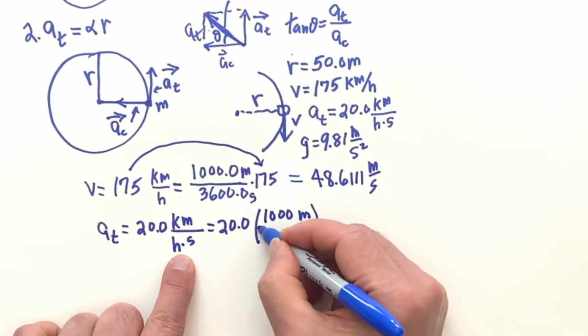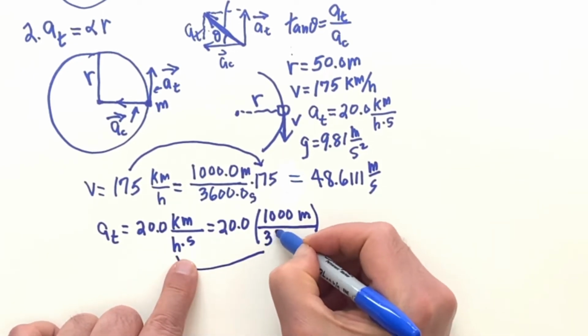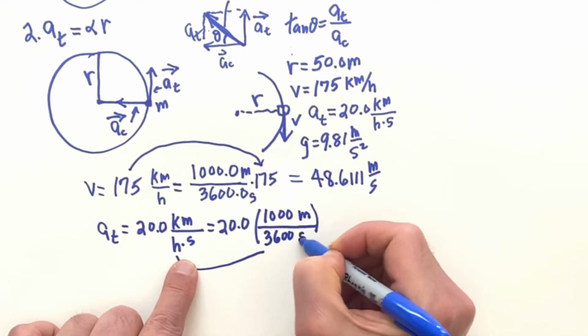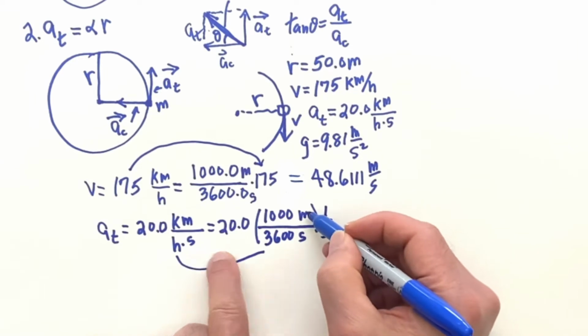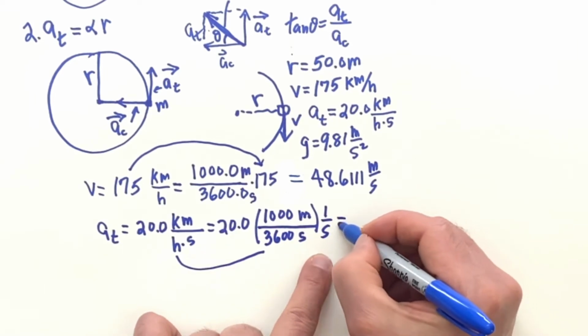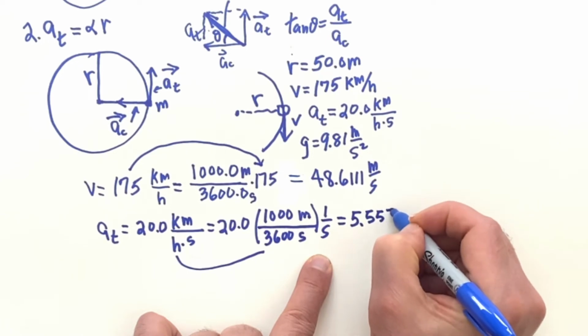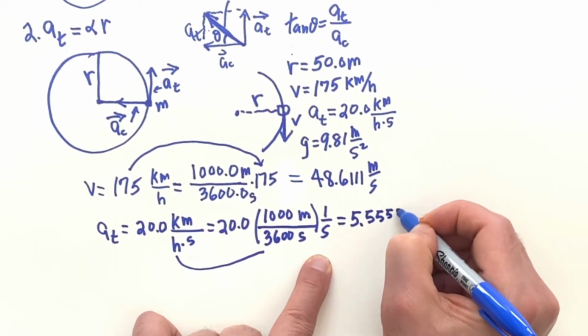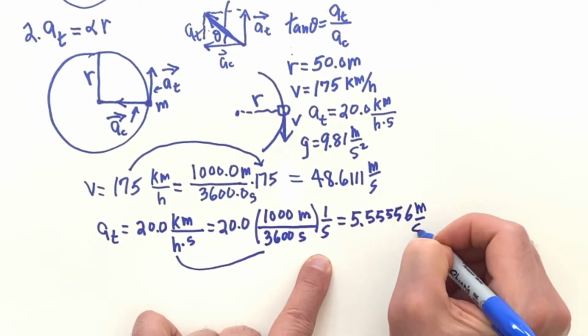And then for this first hour, I'm going to have 3,600 seconds. Then the other seconds hanging around. And that's going to give me meters per second squared. When I work this out, I get 5.555, lots of fives, 6 meters per second squared.